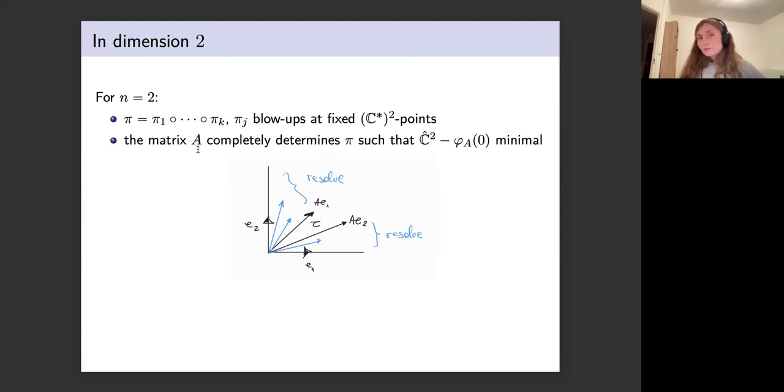Because this matrix, first of all, since it describes a cone in the modified C2, has to be a matrix which has only positive components, or components which come from the standard vectors. So you have already the fan generated by e1, e2, which describes just the fan of C2. Instead of it, you add the cone generated by a e1, a e2, which is the cone where sigma lands.